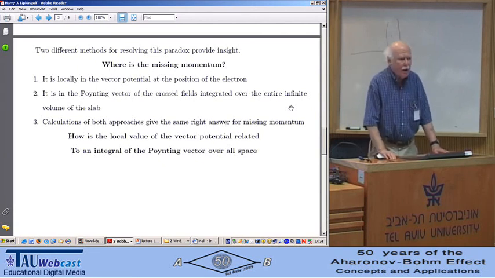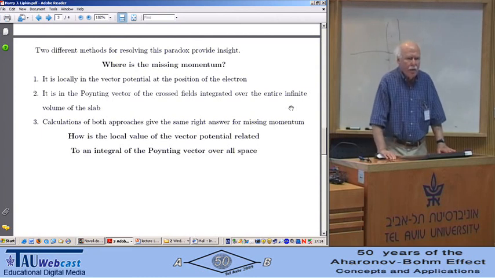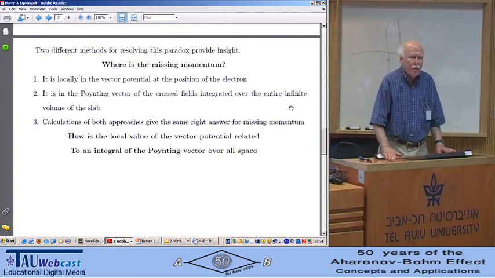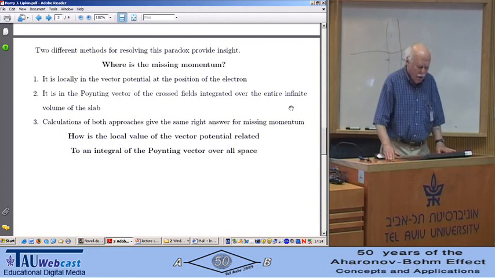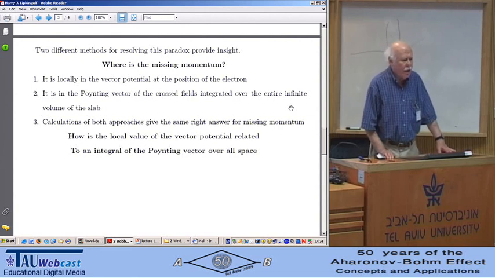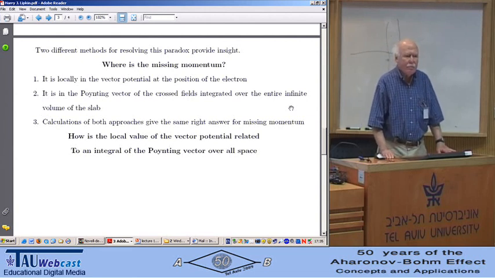The other is to say, well, when the electron is outside, its field still goes through the magnetic field in this slab, and therefore there's a Poynting vector, and there is a momentum.